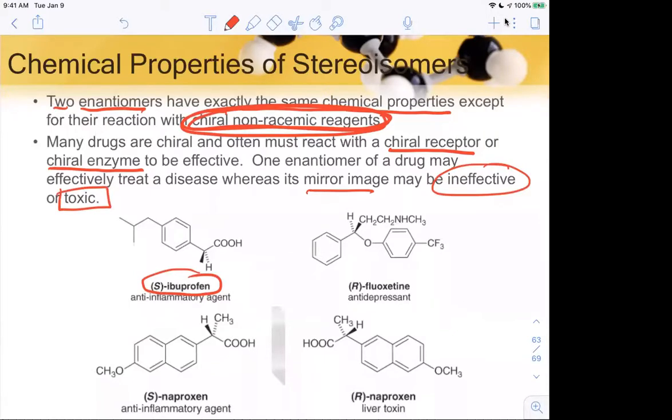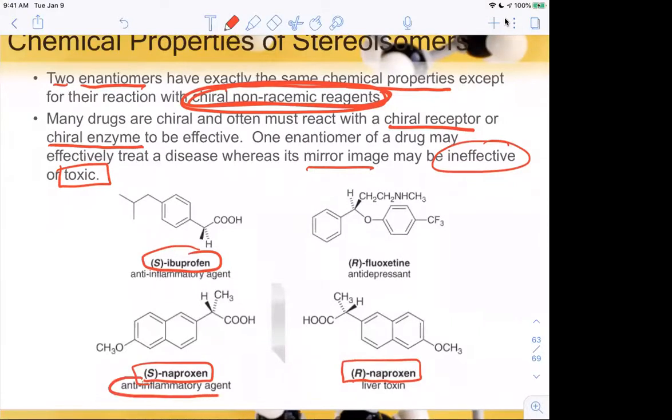So for example, if I look at S-naproxen or R-naproxen, this is naproxen, this is the Aleve. This is the other pain reliever out there. This is actually the anti-inflammatory agent. This is a liver toxin. The only thing I have is a different configuration on that chiral center.